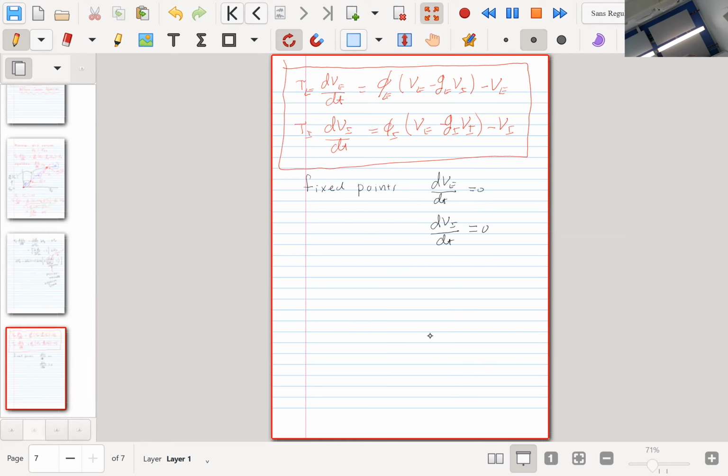But notice that dν_E/dt equals 0 gives you a line or curve. There's a whole curve along which dν_E/dt equals 0, and there's a whole curve along which dν_I/dt equals 0.